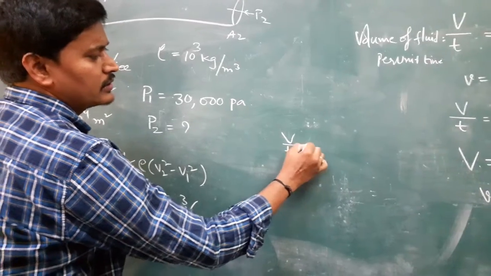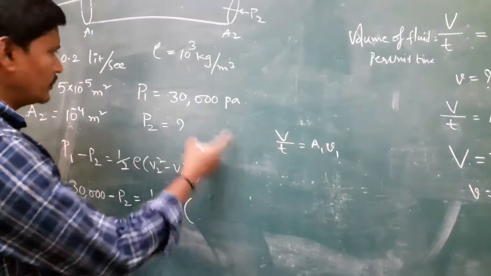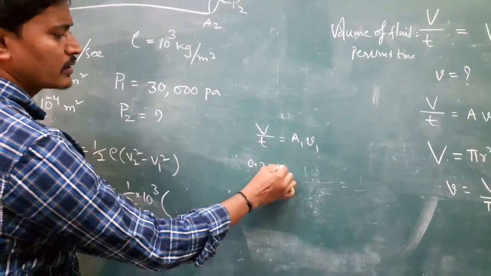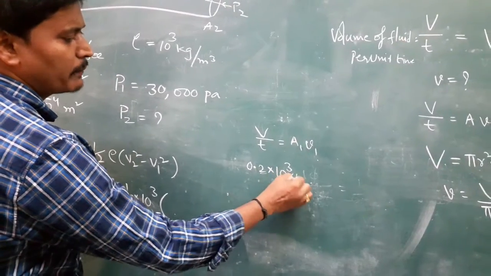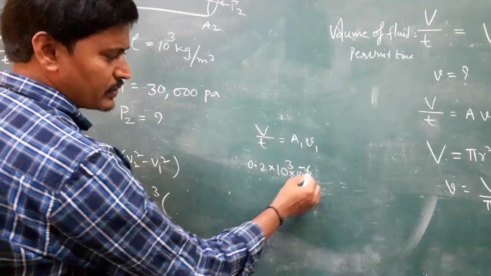V by T is equal to A1 V1. V by T is 0.2 liter, 1 liter is 1000 cc, that is 10 power of minus 6 meter cube.